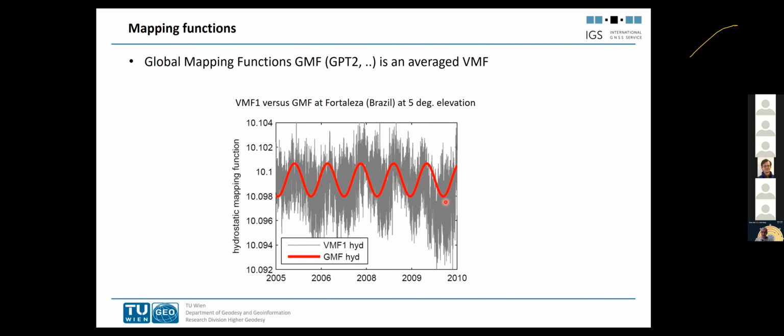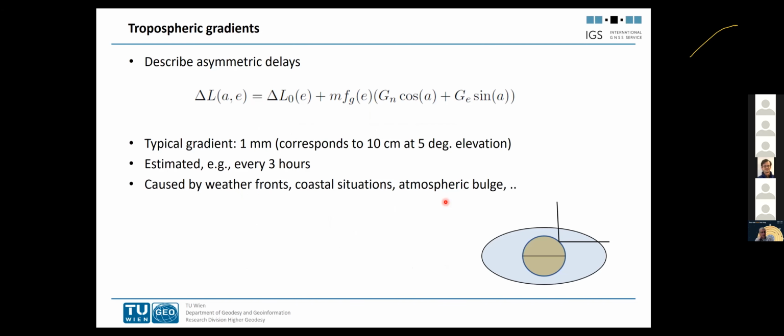When you do GNSS analysis, you typically not only estimate zenith wet delays, but also tropospheric gradients. Our tropospheric delays are not just dependent on the elevation angle, but also on the azimuth A. This is considered by using a north gradient, an east gradient and a gradients mapping function.